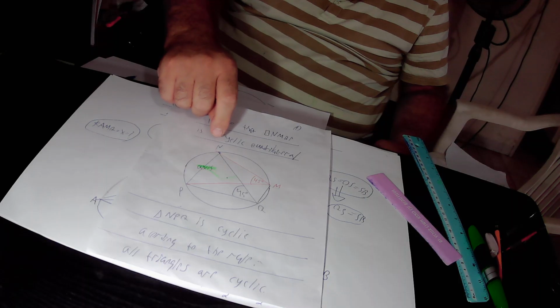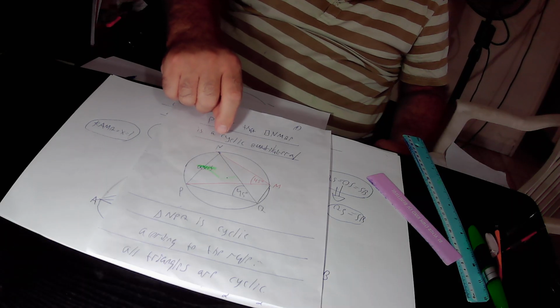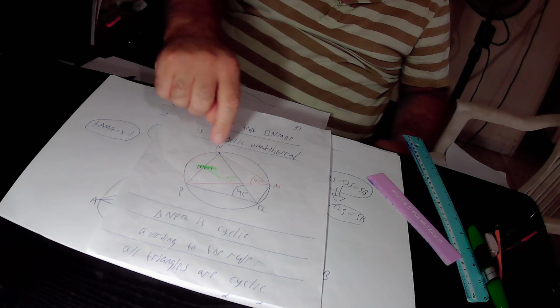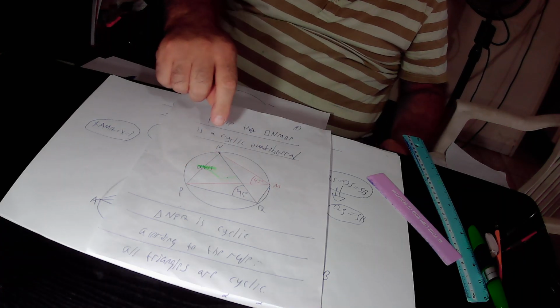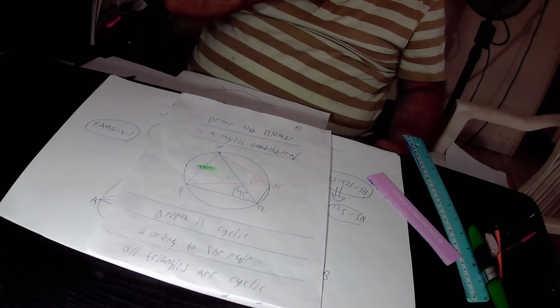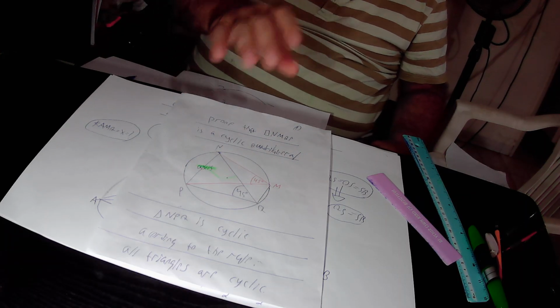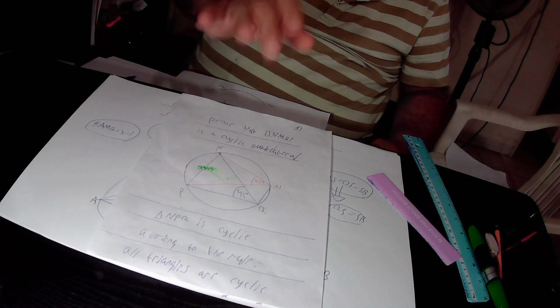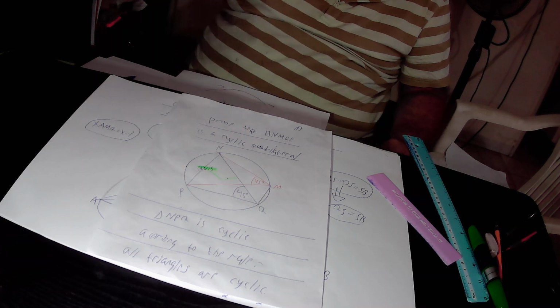Why is triangle NQP inscribed in this circle? Because all three vertices N, P, and Q lie on the circle itself. So this operation can definitely be done, because all the triangles in the world are cyclic.